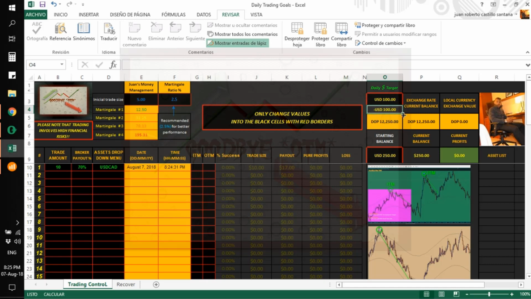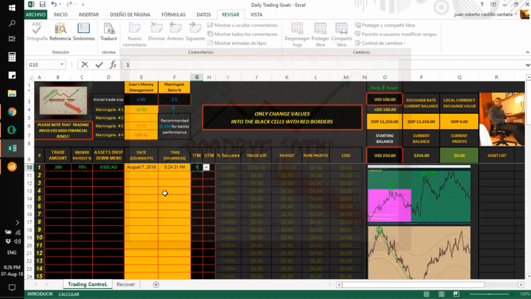Once you reach the target, it will turn into green, and it will come out as a positive value over here. It is a negative value, but as soon as you reach your daily target, it will turn into green and into a positive value. For example, let's say you place, just to show you, a $300 trade and you ITM. That's just an example, just to show you how your daily target works.